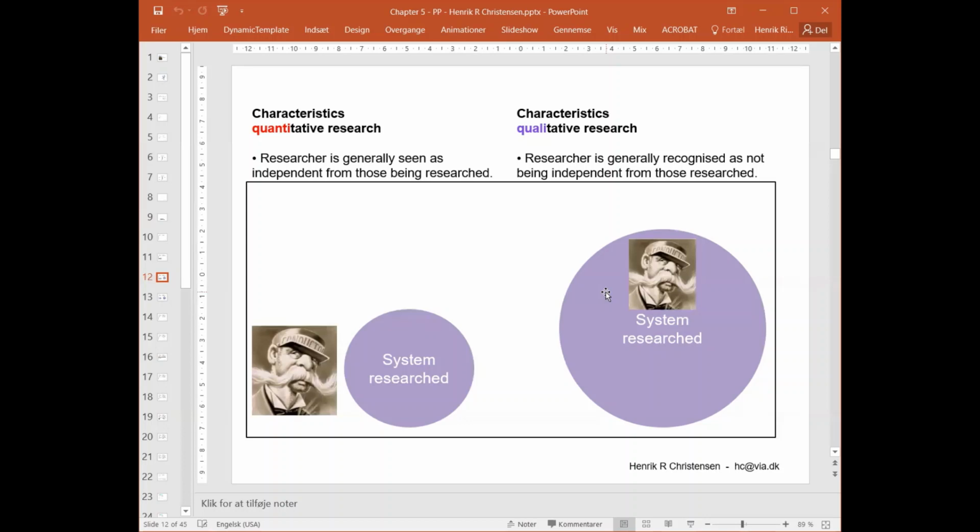If we had chosen a positivistic approach, we would probably need some quantitative research and we would like to be aside the system. Whereas if we have a more interpretive paradigm, then we will say it's okay that our values count, it's okay that we are part of it, and we will probably go for more qualitative research design.